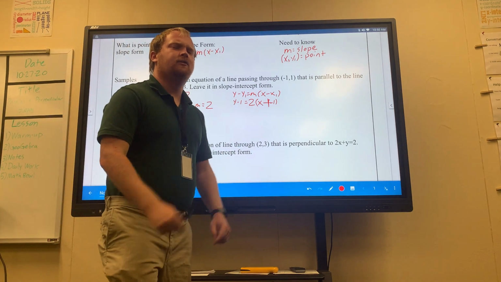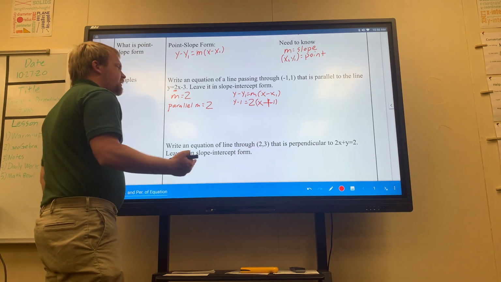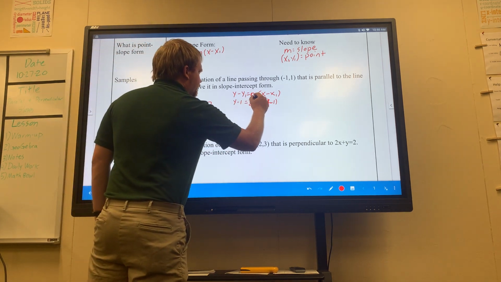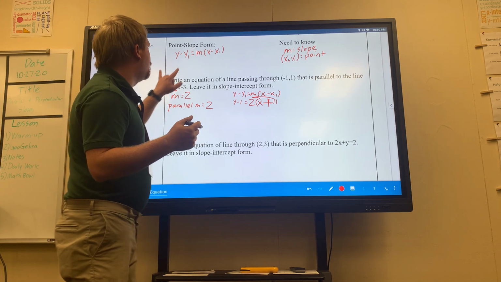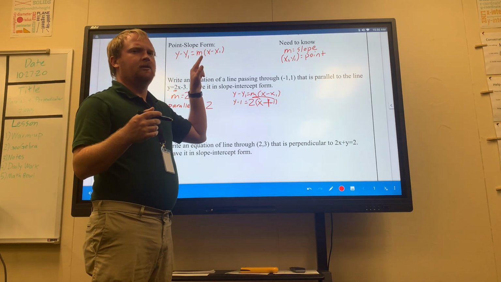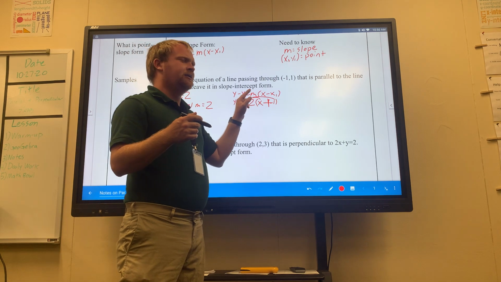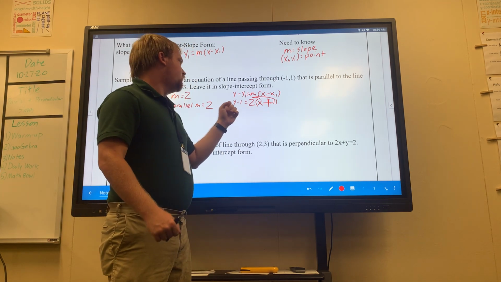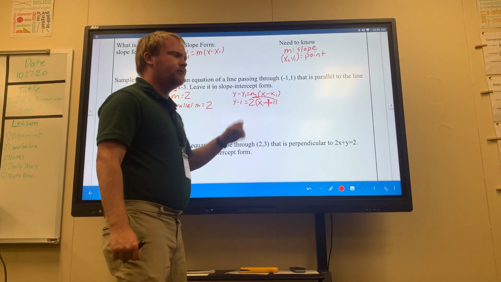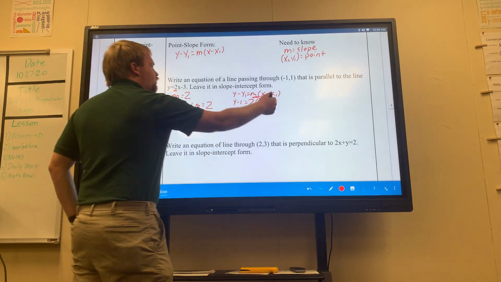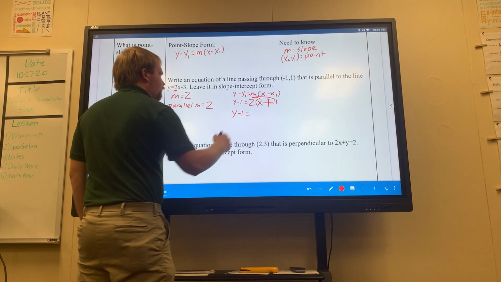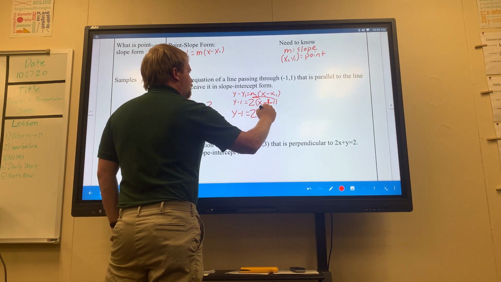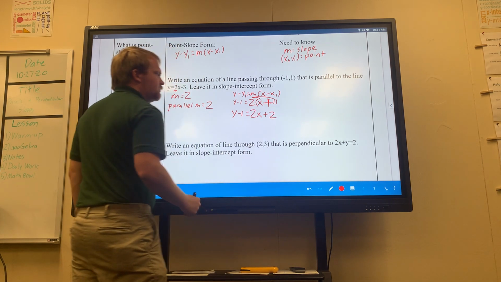Then I distribute the 2, because my main goal is to get y by itself. After I distribute the 2, y minus 1 equals 2x plus 2.